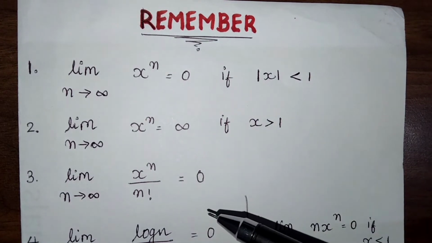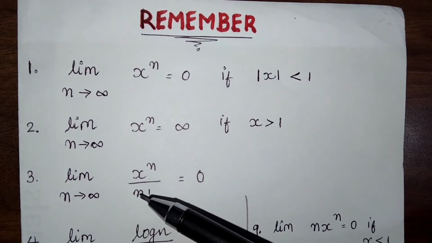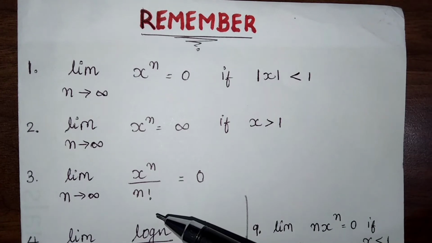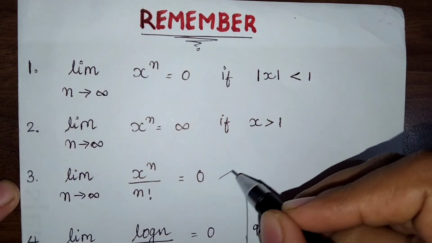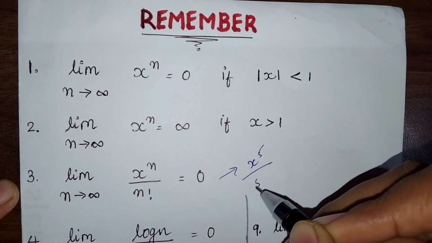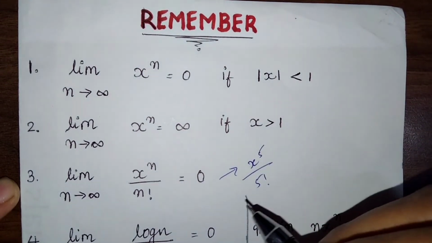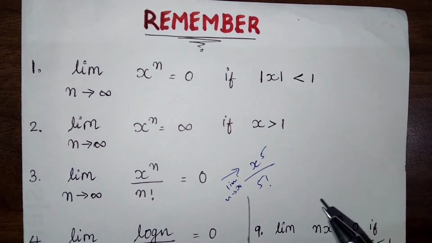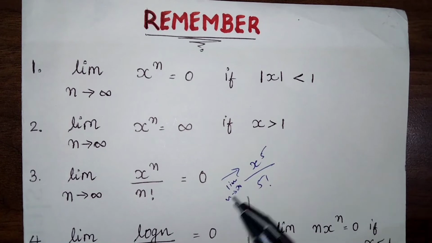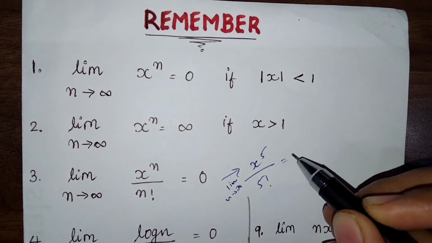Then the third one is limit n tends to infinity of x raised to n upon n factorial, then its answer is 0. For example, if it is given x raised to 5 upon 5 factorial, put limit n tends to infinity, if you are asked to solve this, then from this formula you can directly write that its answer is 0.